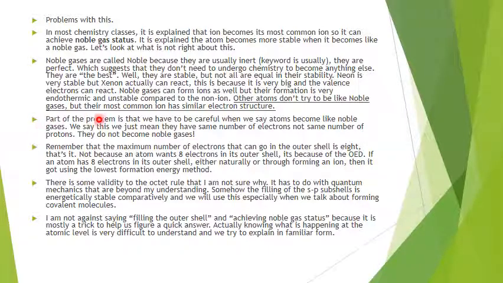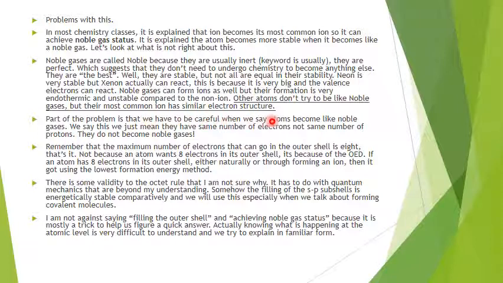Okay, part of the problem is that we have to be careful when we say atoms become like noble gases. This does not mean that they turn into noble gases. I used to think that, and that doesn't make any sense at all. It just means that the number of electrons are the same. If an atom were to turn into a noble gas, it would have the same number of protons.